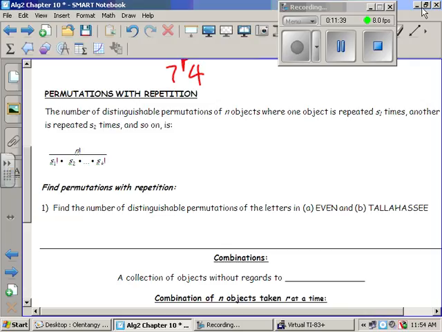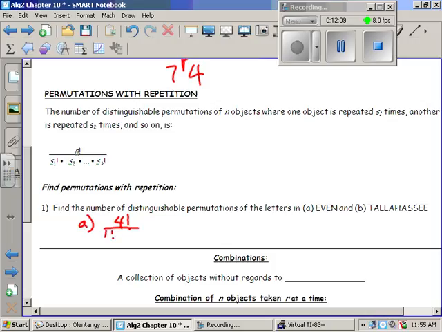So to do that, I've got to go back to my original formula. To figure out how many ways you can order those letters with repetition, you start out with n factorial. So like in "even," how many letters are we talking about? 4. 4 letters in "even." So I do 4 factorial. Okay? And then I write every single letter by their number of occurrences. So V shows up once, 1 factorial.